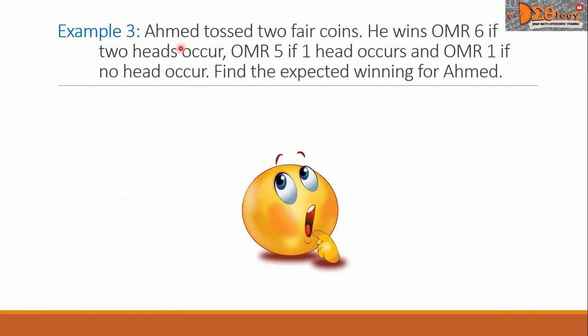Example 3. Ahmed tossed 2 fair coins. He wins 6 Omani riyals if 2 heads occur, 5 Omani riyals if 1 head occurs, and 1 Omani riyal if no head occurs. Find the expected winning for Ahmed.